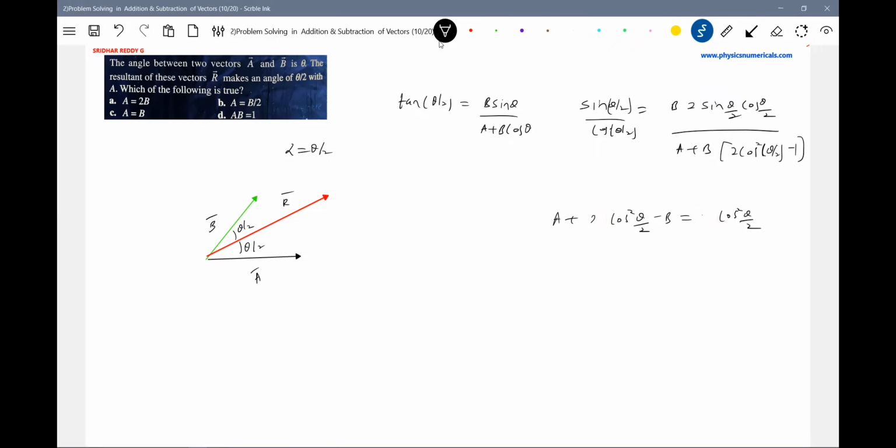Here we'll write 2B, and this is 2B. So finally A equals B. Agreed? Or else very simple, no? If the two forces are equal, then the resultant will make equal angles with both the vectors. Directly then A and B should be equal. I'm showing this mathematically here.